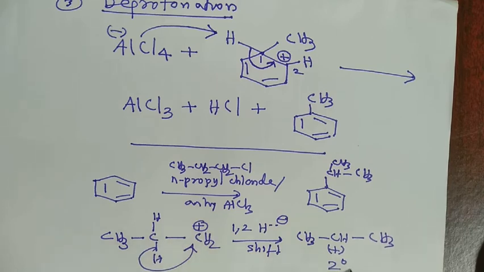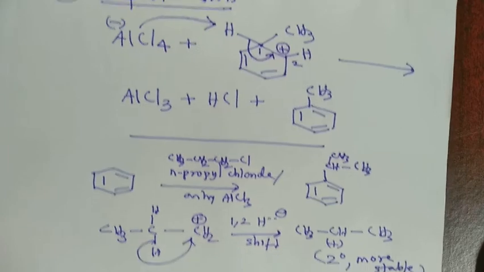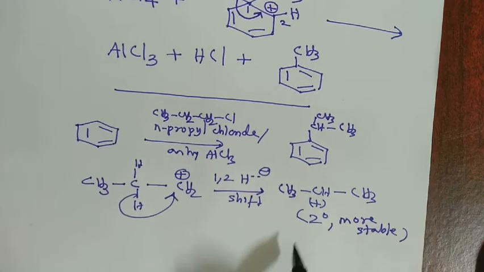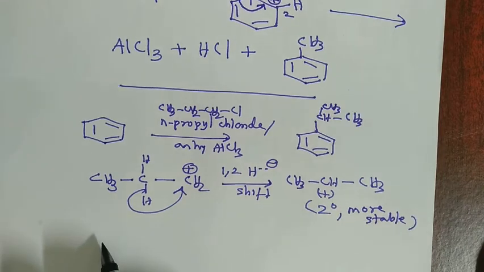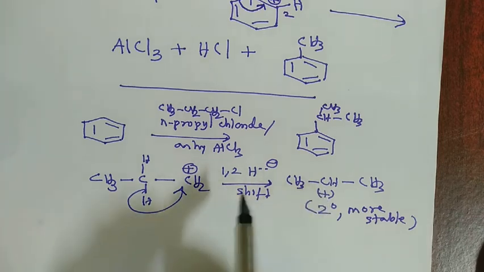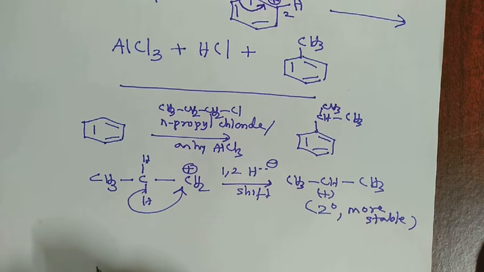This secondary carbocation is more stable, and hence this type of rearrangement is energetically favorable. This new carbocation will be acting as an electrophile in the second step. That is, a sigma complex is formed by accepting a pair of electrons from one of the ring carbon atoms by isopropyl carbocation, and hence the final product will be isopropyl benzene.